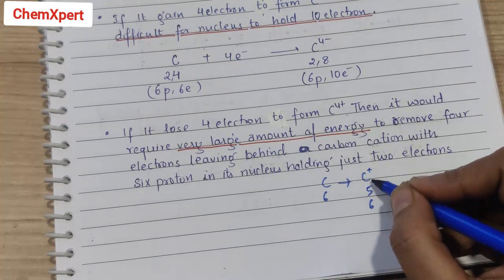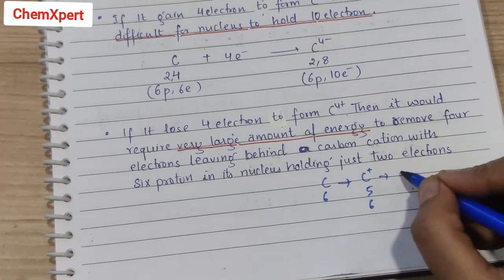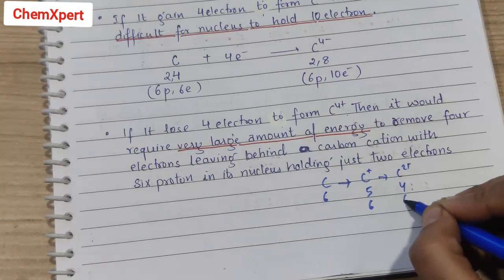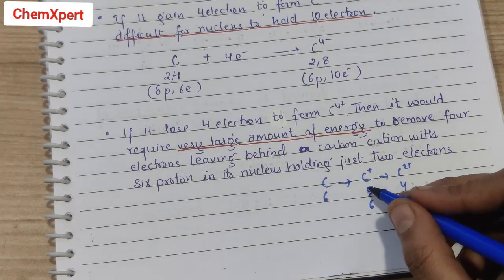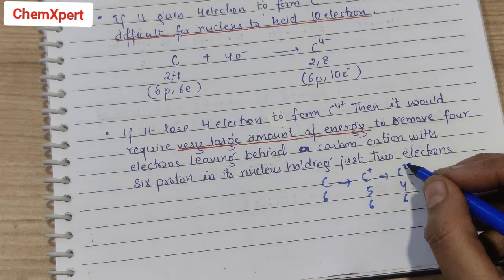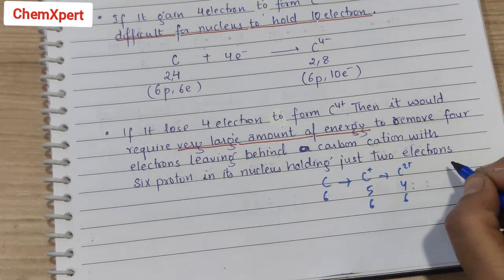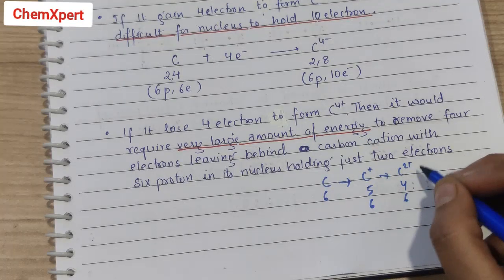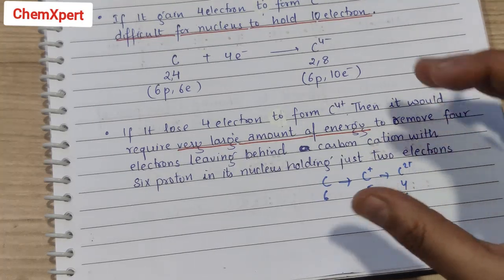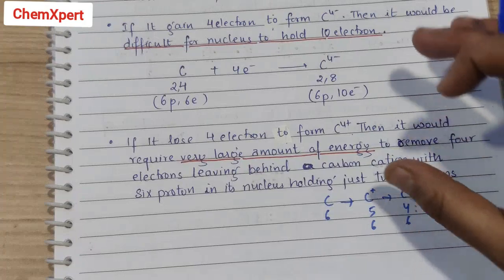So their attraction is very high. When it loses another electron, now 4 electrons are held by the 6 protons. So as we are removing electrons, the strength of the nucleus increases, and it becomes more and more difficult to remove the next electron. So in order to remove 4 electrons, it requires a very high amount of energy, so that this cannot be possible.